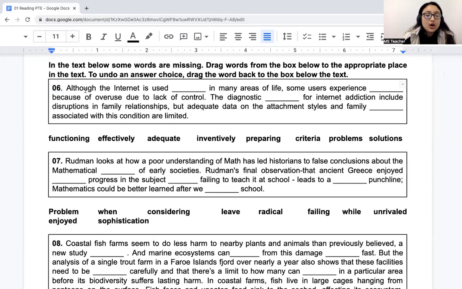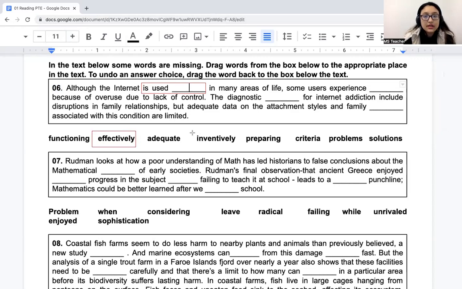Now, although the internet is used dash in many areas of life, here we need an adverb. Is used how? How is the internet used? The internet is used effectively.